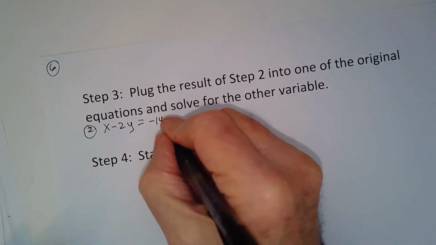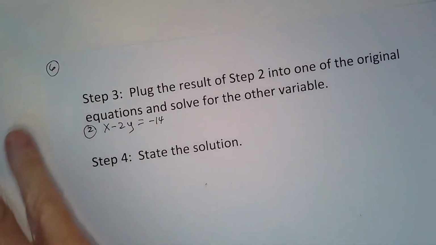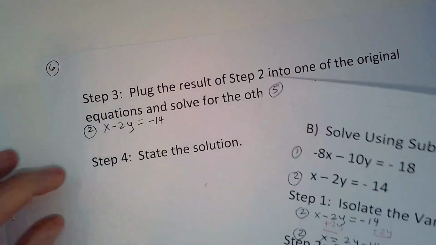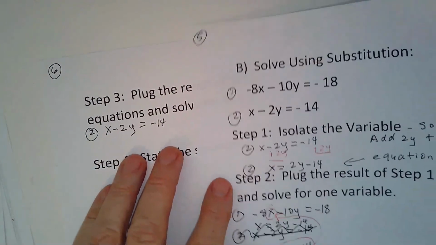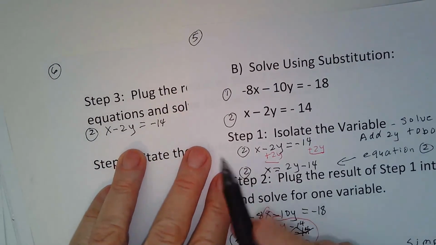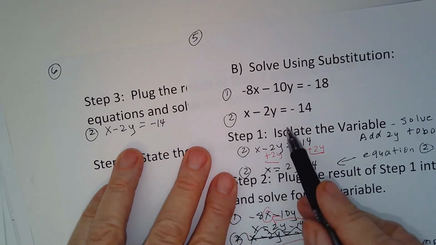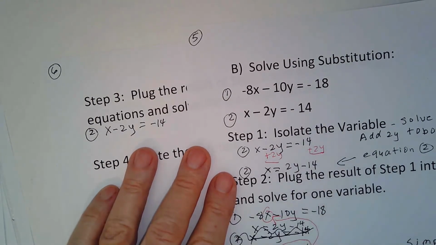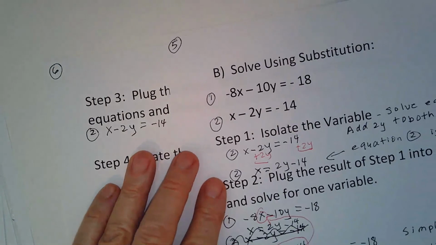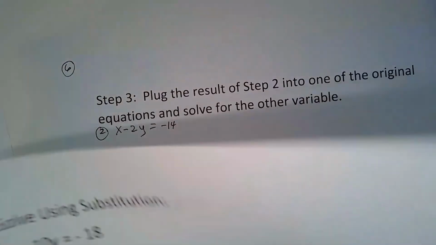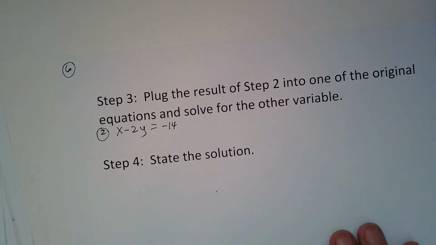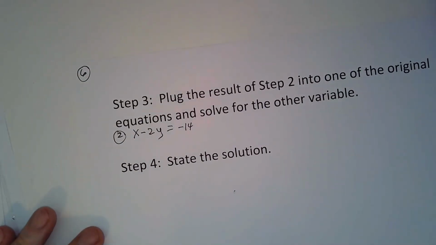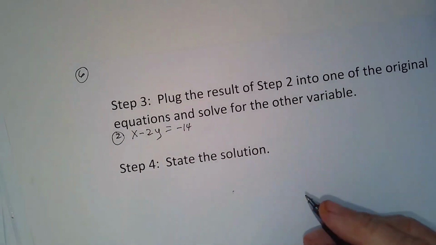Now let's just go back and look at our previous screen and make sure we wrote that right, because we can always make mistakes very easily when we're doing these things. So here's x minus 2y equals negative 14. So the two equations match up. And so now that we've done that, we're going to substitute.